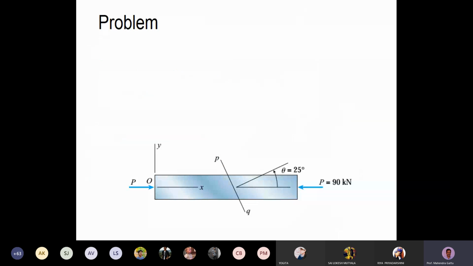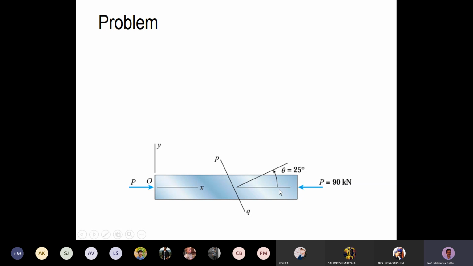So here what we have is a bar which is subjected to a compressive load, and this is the cut cross section PQ, and this is the normal. This normal is making an angle of 25 degrees with the x-axis.